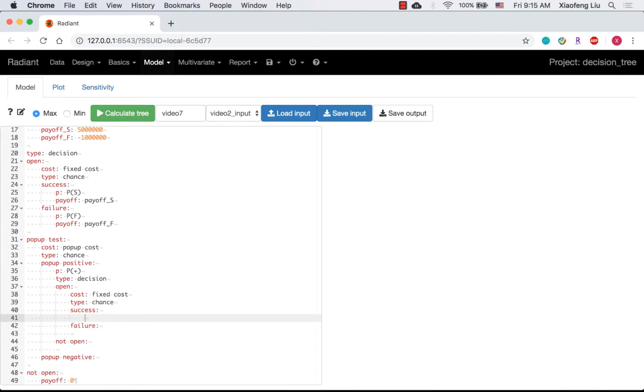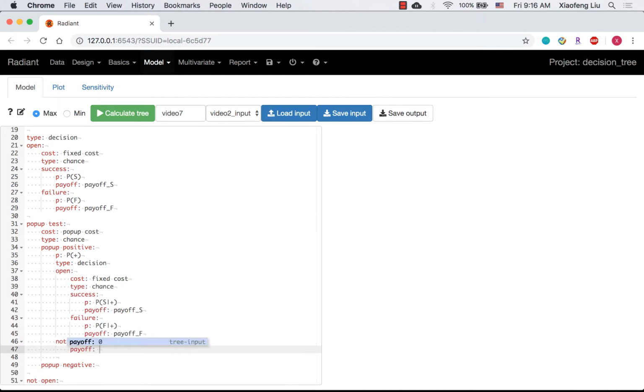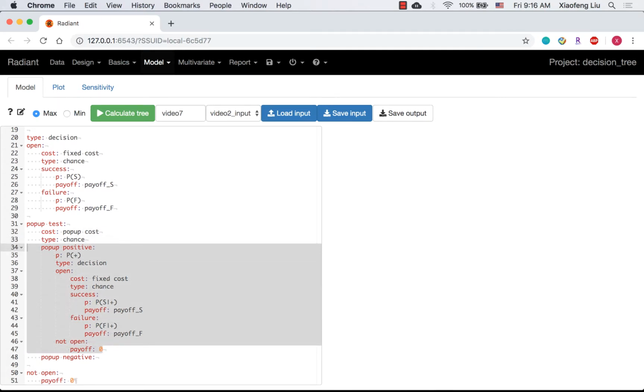Please be careful of the probability here. It is given the pop-up test is positive, the probability of a real store being successful. So it is PS given positive. The rest of part will be very similar to the former part. If you are not going to open the store, your payoff will be 0. We have finished pop-up positive.